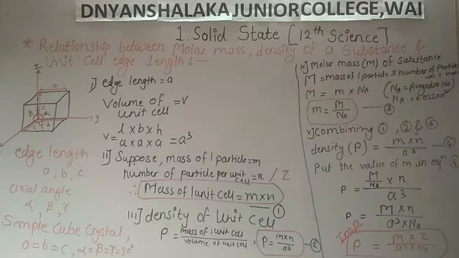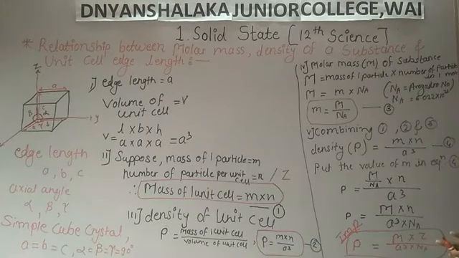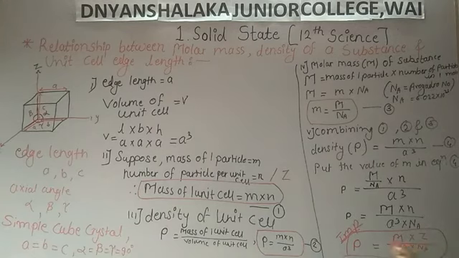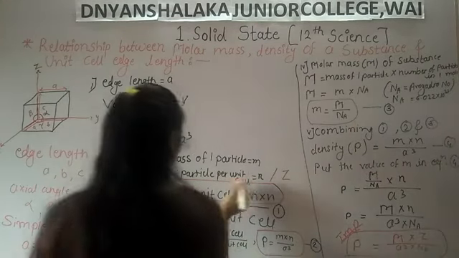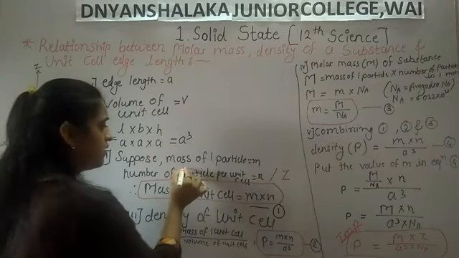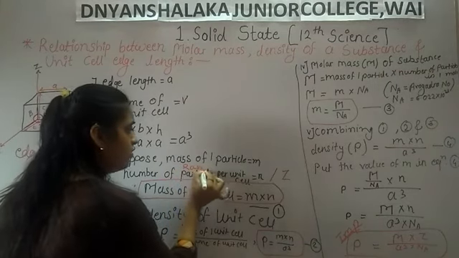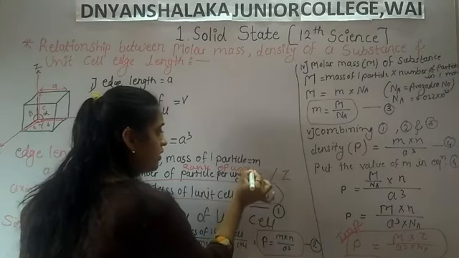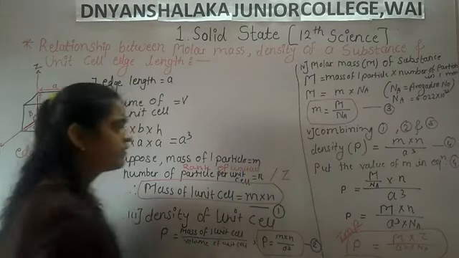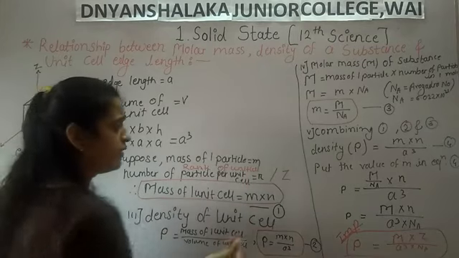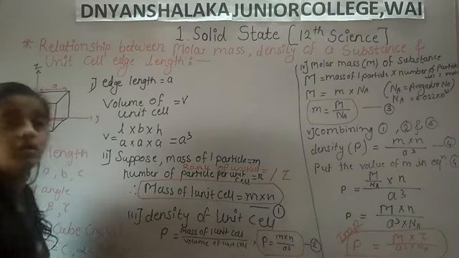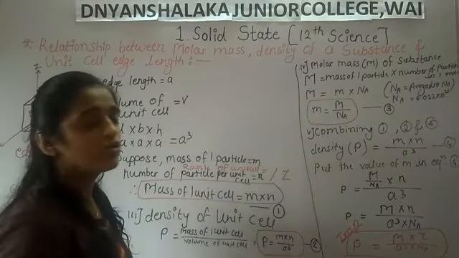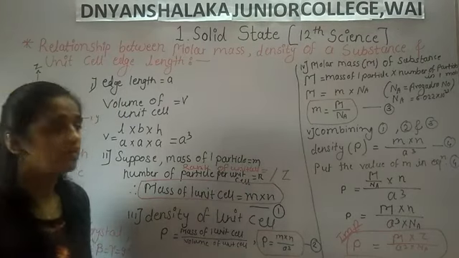We have to calculate the total number of atoms, or number of particles, which is also called the number of particles per unit cell, n. This is also called the rank of unit cell. Rank of unit cell means the total number of atoms contributed in face centered cubic cell, simple cubic cell and body centered unit cell.